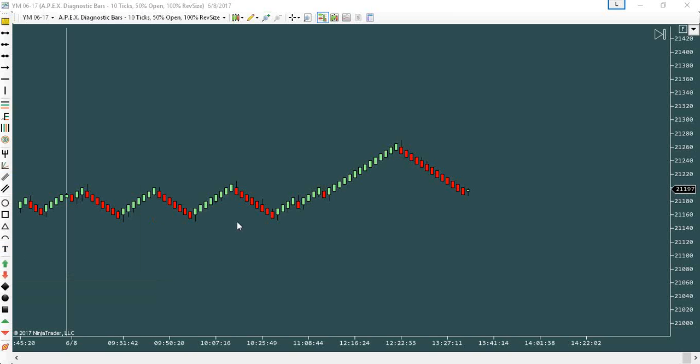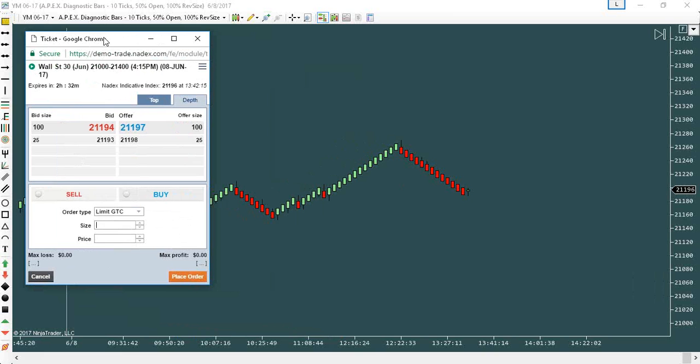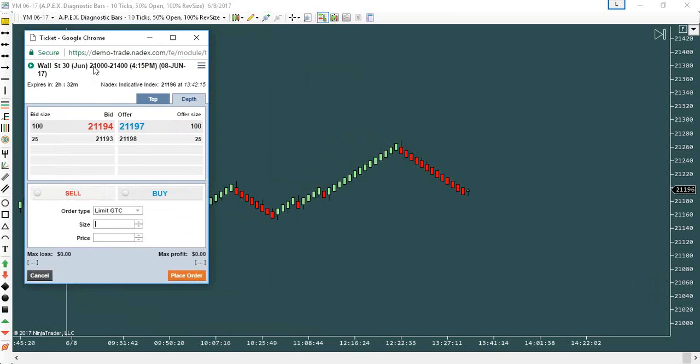All right, so where is this here? Let's pull this, give me just a second here. So let's do a quick tear off ticket. Okay, so this spread right here, where are we again? 21,000 to 21,400, right?